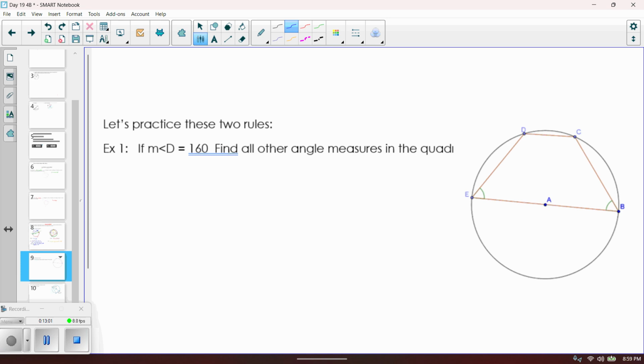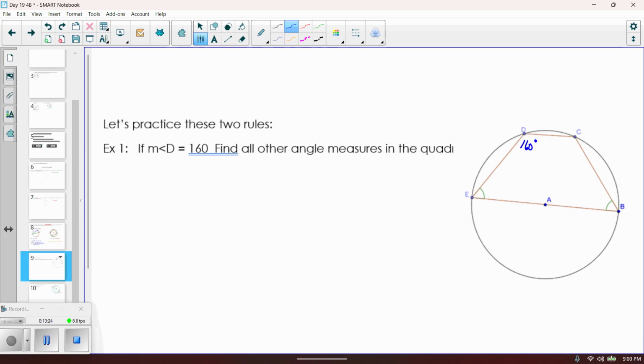All right, so our first example says that the measure of angle D is 160 degrees. So I'm just going to find angle D on here, and I'm going to label that. That one's up here. That's 160 degrees. It tells us to find all the other measures of the quadrilateral. It looks like that got cut off, but that should be quadrilateral.